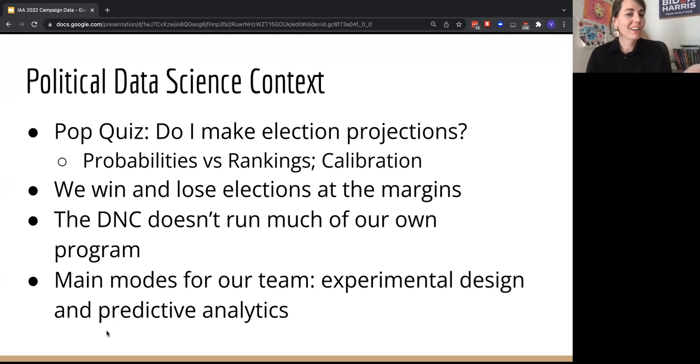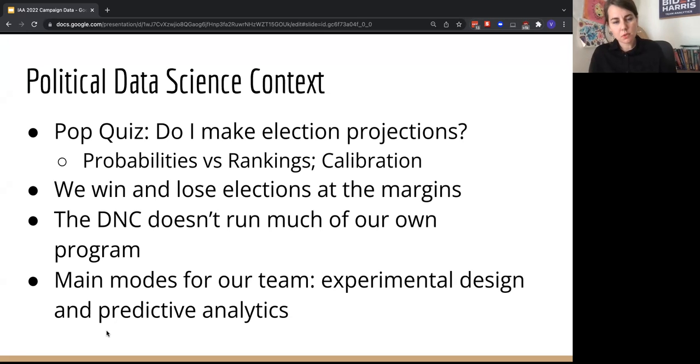When you are doing targeting work, most of what you care about is the ranking, because you're just trying to say, I found this universe, I can't contact all of them, who should I contact first? And that really changes a lot of how we do the design work that we do, and where we put our emphasis is that our focus is on that targeting ranking side of the house, not on the probability projection calibration side of the house.